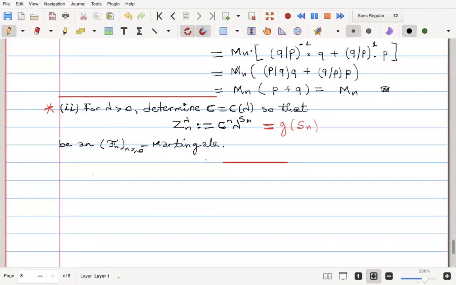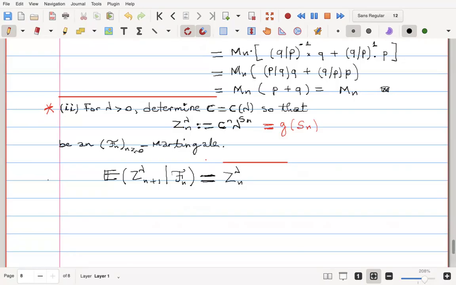Good. So what we want to show, we want to define c such that the conditional expectation of Z n plus 1 lambda given F n is equal to Z n lambda. So this is what we want to show.